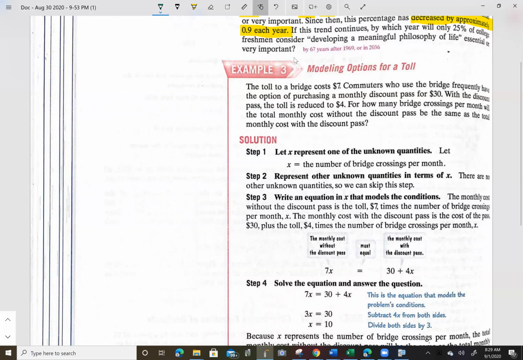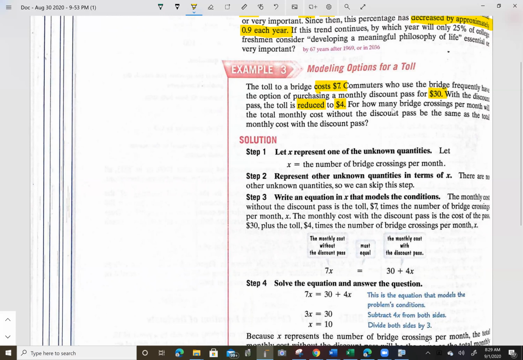The toll to a bridge costs, whoops, thought I was still in highlighter mode. The toll to a bridge costs $7. Commuters who use the bridge frequently have the option of purchasing a monthly discount pass for $30, so they have to pay $30. With the discount pass, the toll is reduced to $4. This number reduced, probably we're going to have a subtraction sign somewhere.